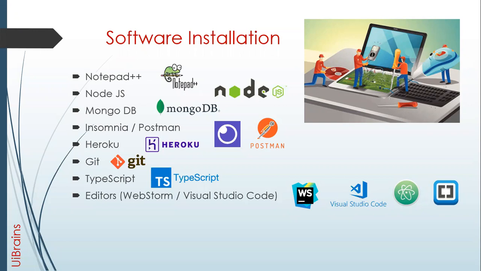But especially in my class, I will be using WebStorm, because WebStorm is a slightly more advanced version than Visual Studio Code, and it's a very smart editor and more convenient than VS Code. I'm not saying that you also have to use the same. But if you don't have any knowledge of editors, better use VS Code. Okay, so these are all the things we need to install.